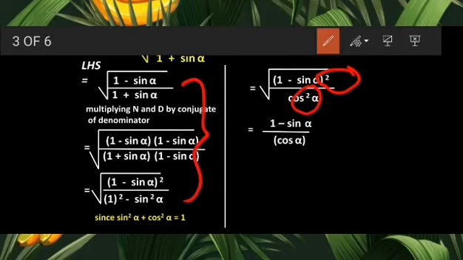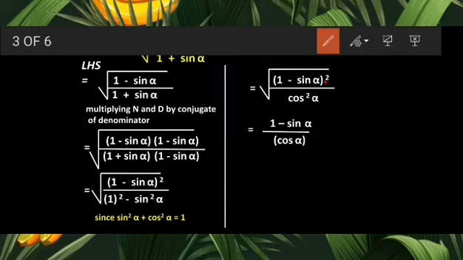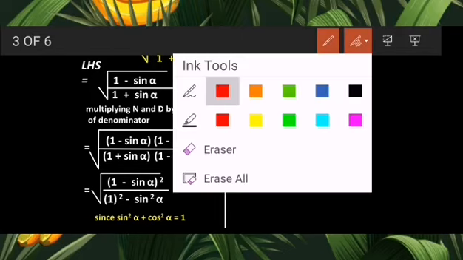So bracket square we got, so now it is valid to remove the square root. Clear? And as a result, after removing the square root, the square sign from the numerator and the denominator will be removed, and we get 1 minus sin alpha upon cos alpha.